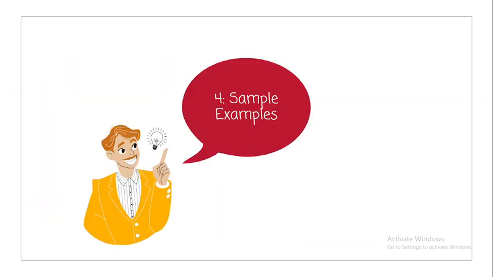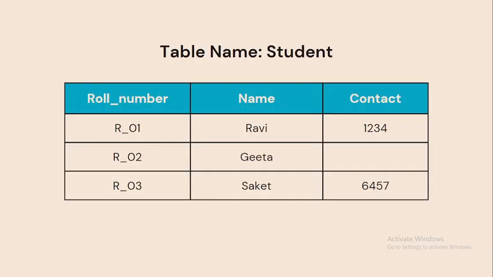So let's see some sample examples in both of the categories. Here we have our input table, and in this table you can see we have 3 columns and 3 records: record number 1, record number 2 and record number 3. One thing we have to observe here is that the contact number for the student whose roll number is R_02 is not mentioned.